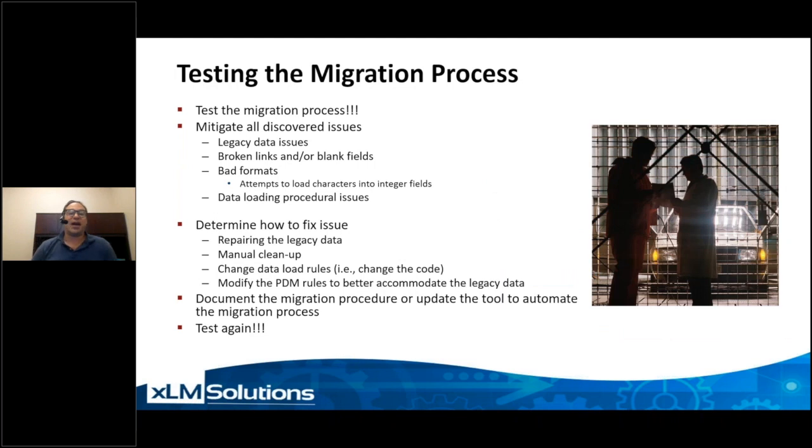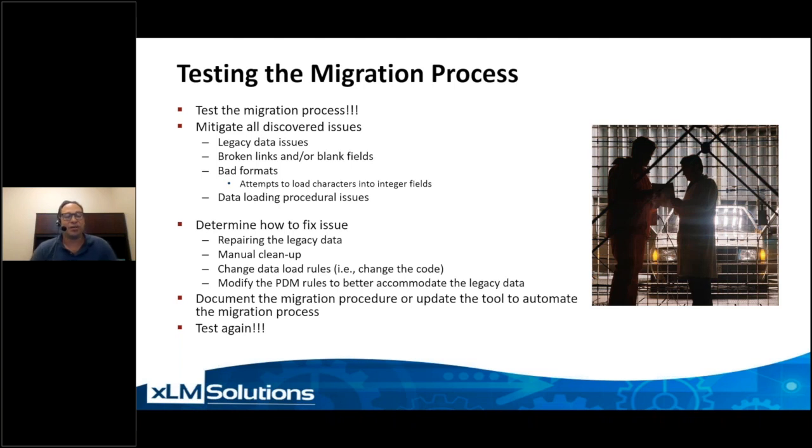So testing the migration, as I alluded to, is very important. You will uncover issues. You never migrate data correctly the first time. There could be issues with the legacy data. There could be issues with broken links, blank fields, maybe bad formats, like I said, where you're trying to load character, alpha data into integer fields.